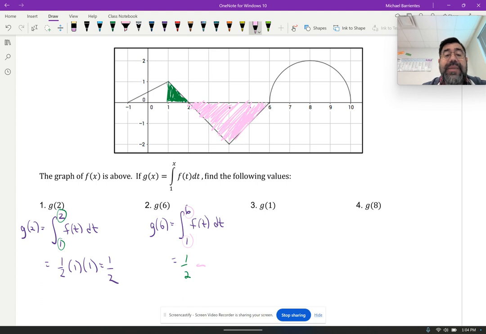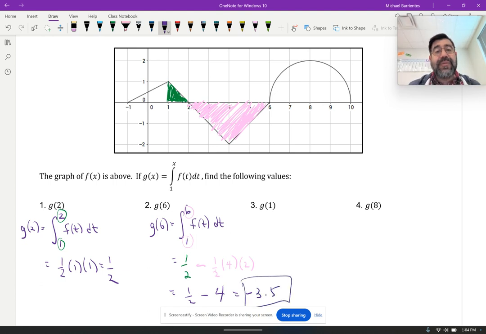And I'm subtracting it because it's under the x-axis. So negative accumulation will occur for any area that's shaded under the x-axis, between the x-axis and the function. But this is a triangle, so that's 1/2 base 1, 2, 3, 4 times height 2. And if I do that, I believe, if I am doing things in my head correctly, I'm going to get 1/2 minus 4, and that's going to give me negative 3.5.